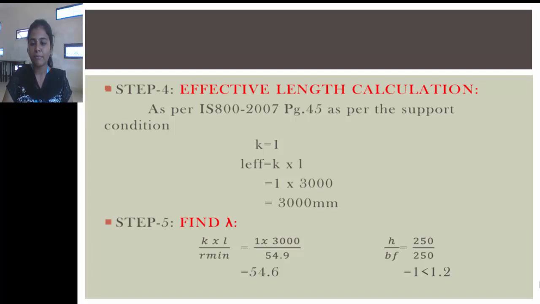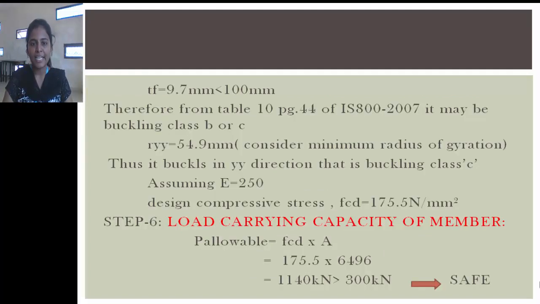54.6. From that 54.6 we have found the lambda value, and we have to consider some other factors like h by bf, which is less than 1.2, and tf 9.7 mm, which is less than 100 mm.